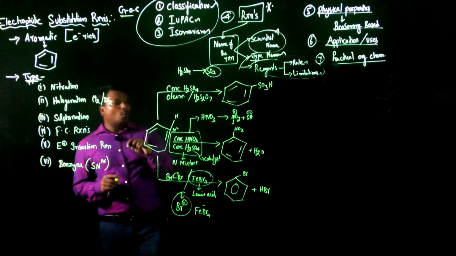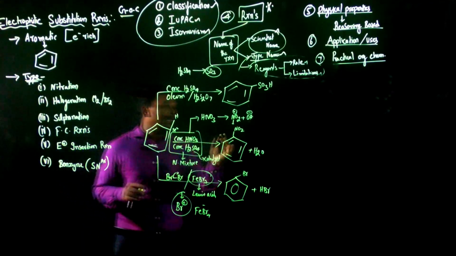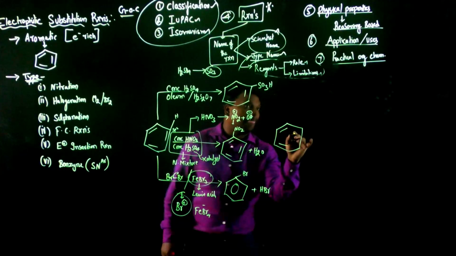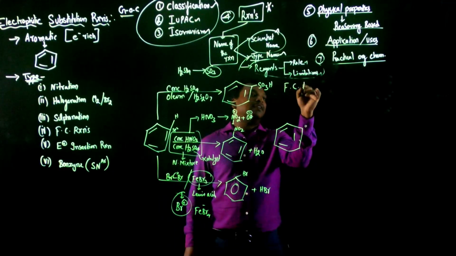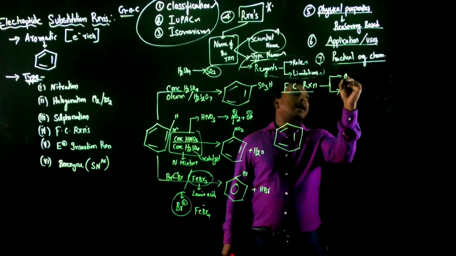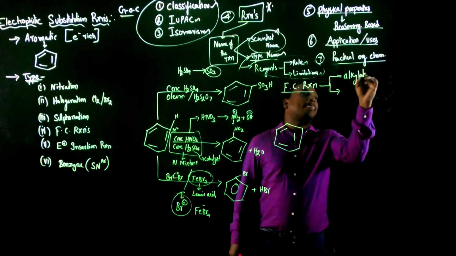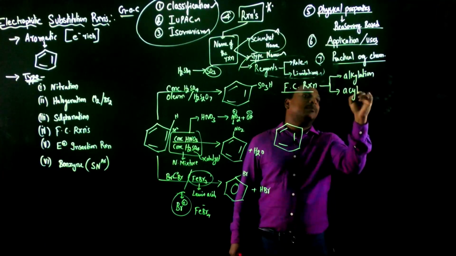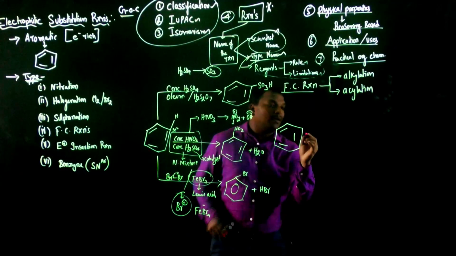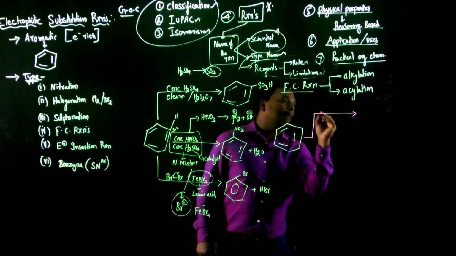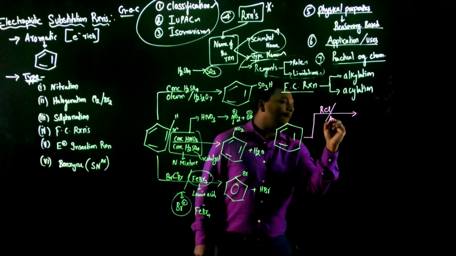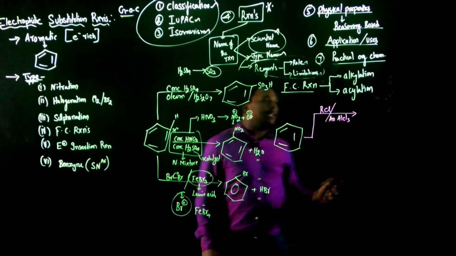Now I am going to go more specific for Friedel-Crafts reactions. Let me discuss Friedel-Crafts reactions here. I will take benzene. It can be alkylation and acylation reactions I am going to discuss. Students, now take benzene, treat with any alkyl chloride in presence of anhydrous AlCl3.